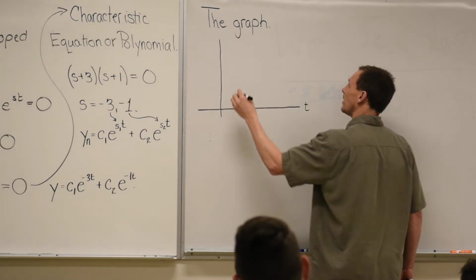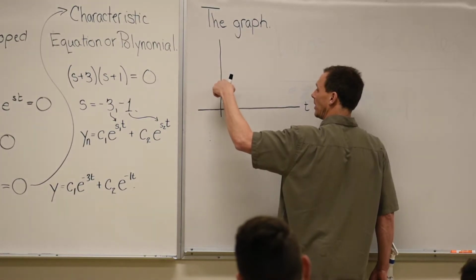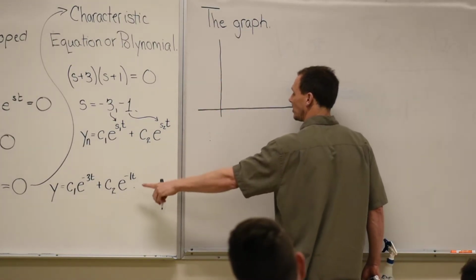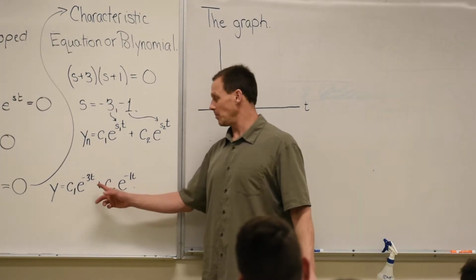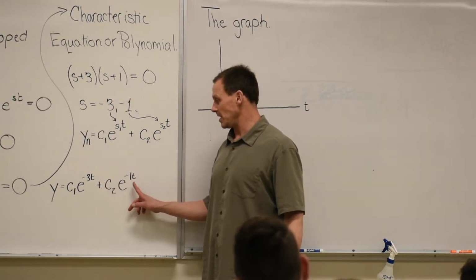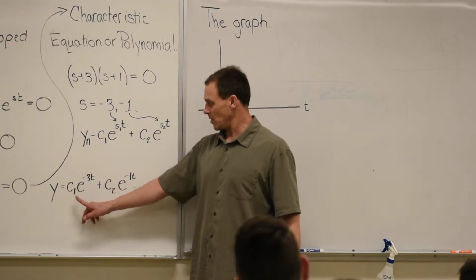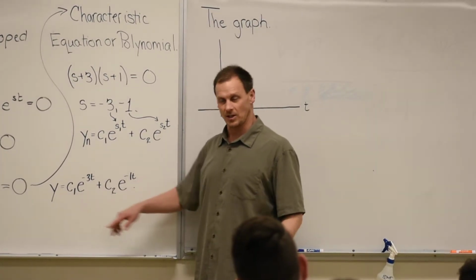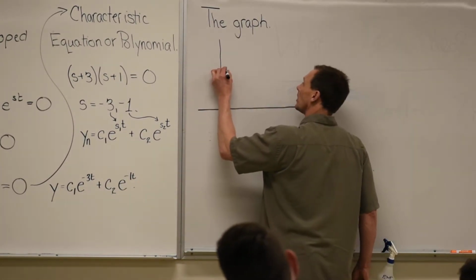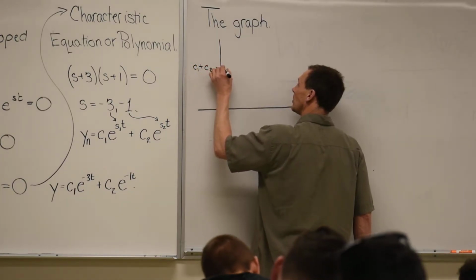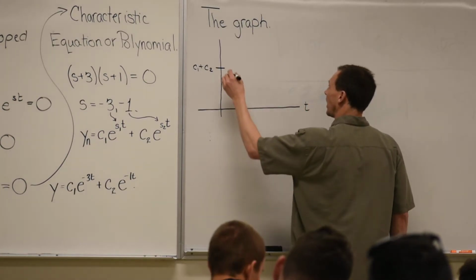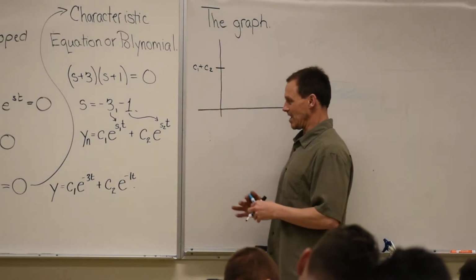This one starts at some point. Well, you can change it based on your initial conditions. At time 0, you're going to have C1 plus C2. So you're going to start at some point here, C1 plus C2.